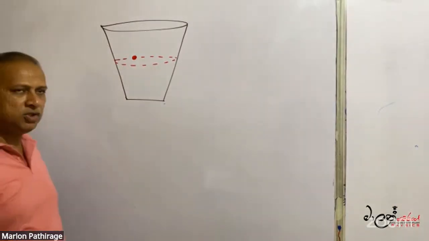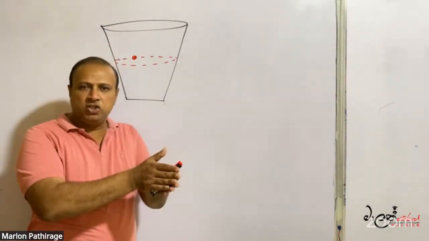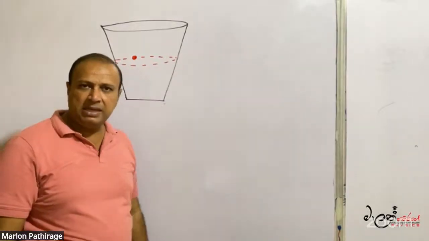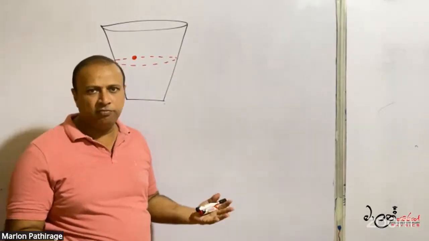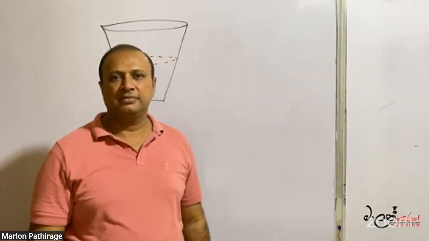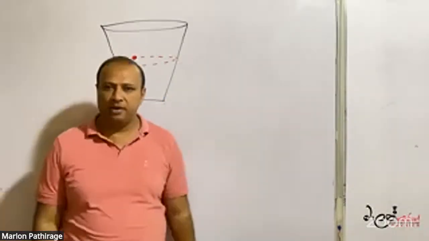Yes, the first one is normal reaction. That is obvious because there is contact between the vessel and the man. Definitely there should be a contact reaction. Yes, normal reaction is there.